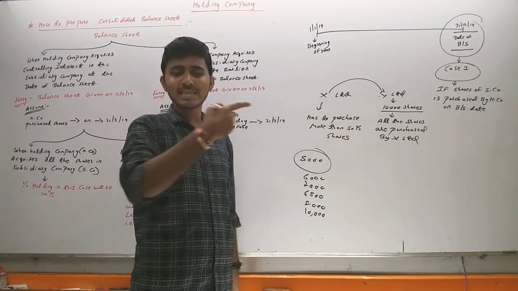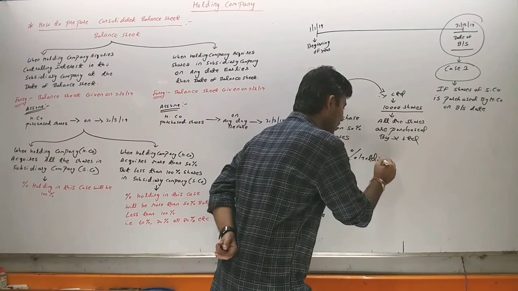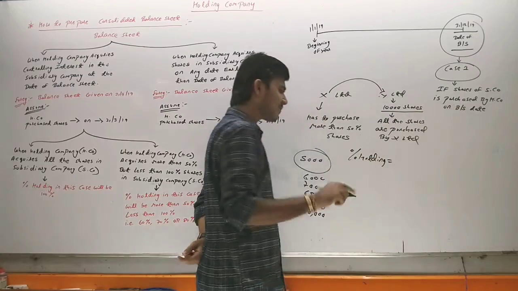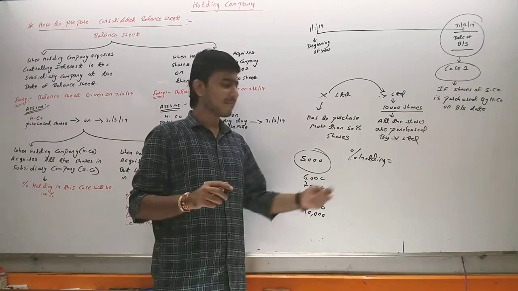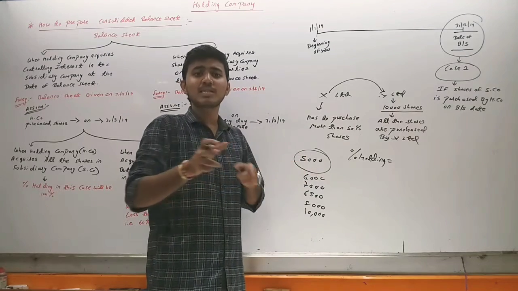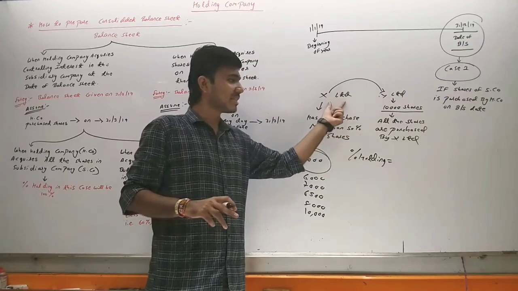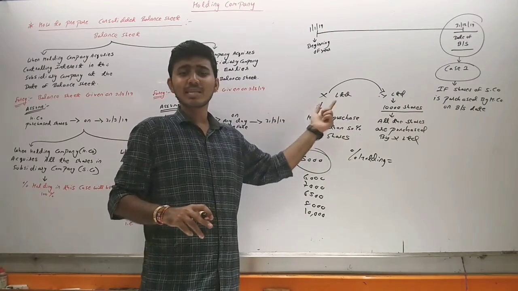If we calculate percentage holding in this case, so percentage holding equal to, what was formula I have taught you in previous lecture? That formula percentage holding is number of shares of subsidiary company purchased by holding company, means the number of shares of Y Limited purchased by X Limited. So how much share X Limited has purchased?